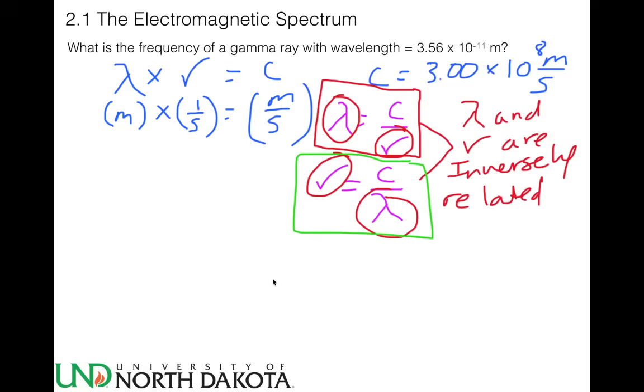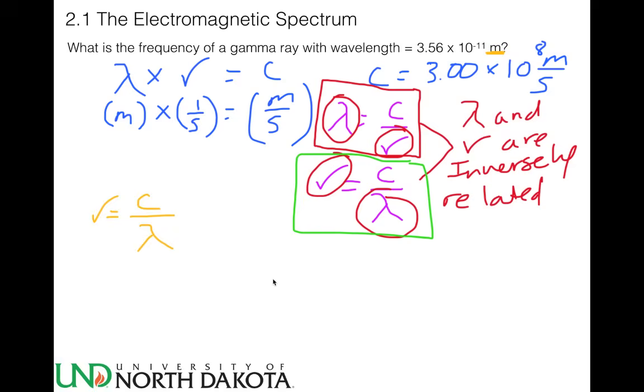So we're going to use the equation that frequency equals the speed of light over wavelength. Now we need to be careful in these equations with these types of calculations, because anytime we're given wavelength, we want to make sure that the units are in meters. And here we have meters, so we don't need to convert to meters.